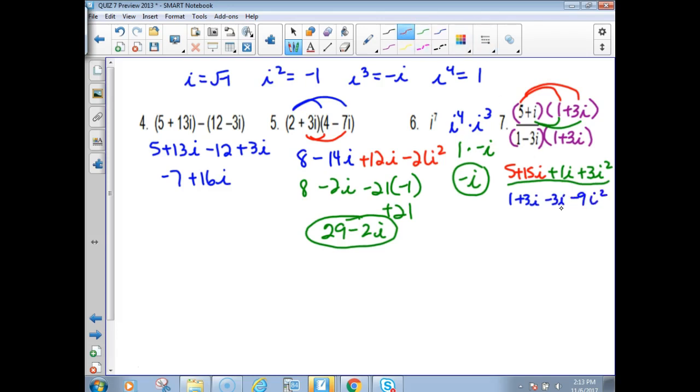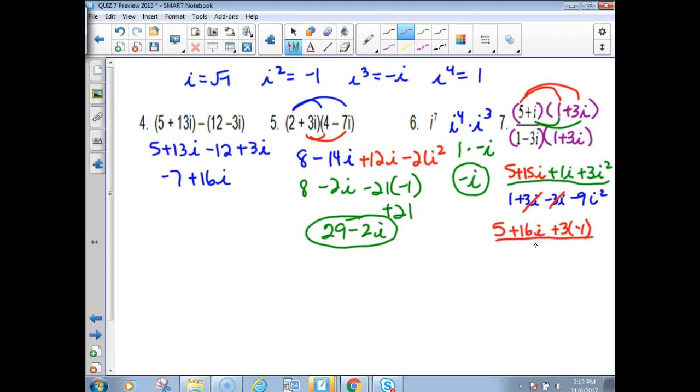Now, the reason I multiplied by the conjugate was the i's will wipe out. These terms are opposite. I replace any i squareds with a negative 1 and combine any like terms. So right now I've got in the numerator 5 plus 16i. Then that's going to be plus 3 times negative 1.